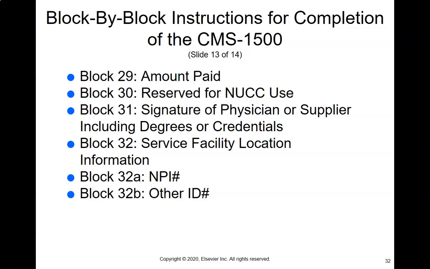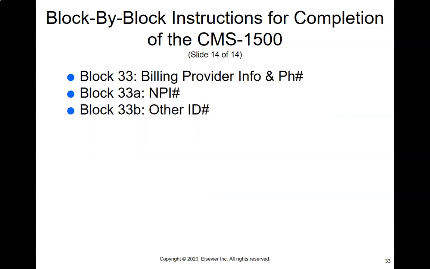Block 32A is the NPI number, and Block 32B is the other ID number. Block 33 is the billing provider information and phone number. Block 33A is the NPI number, and Block 33B is the other ID number.